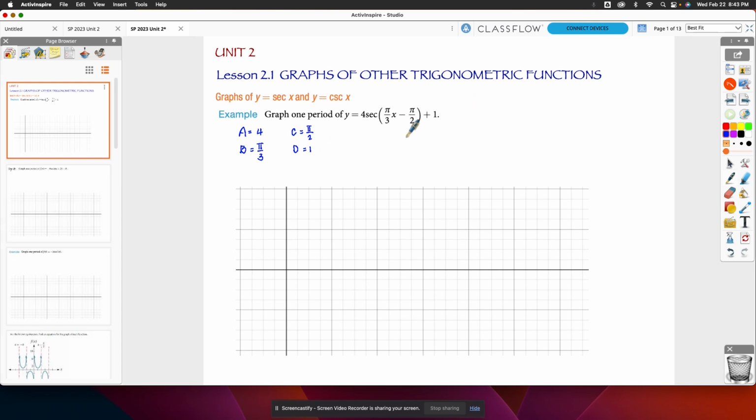So in this case, we need to identify the period, the phase shift, as well as the maximum, the minimum, the midline, and then the increment and the starting point.